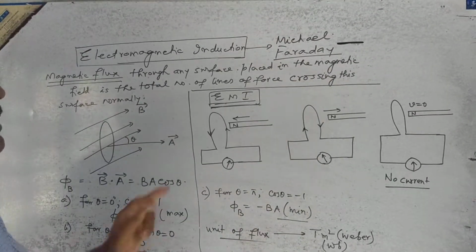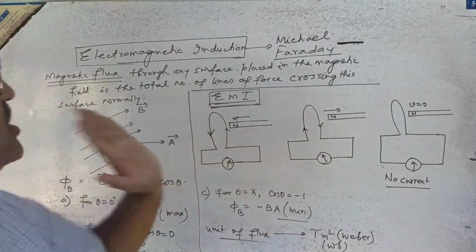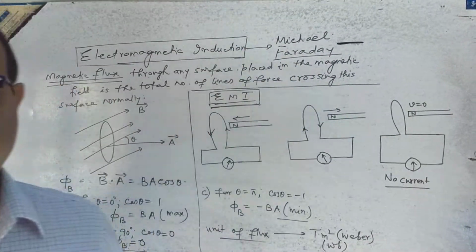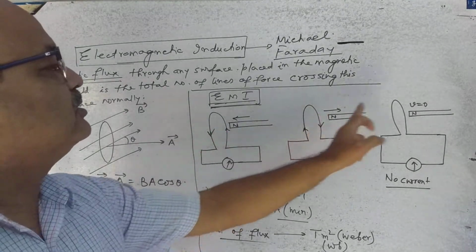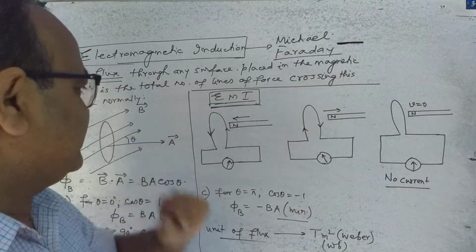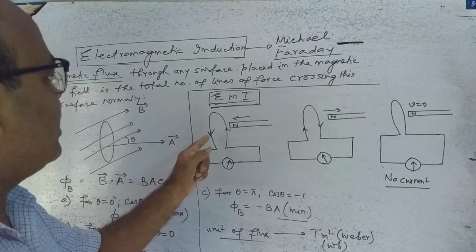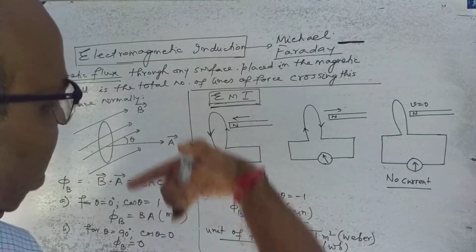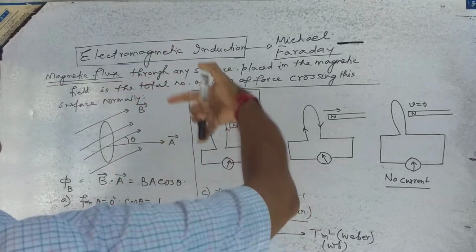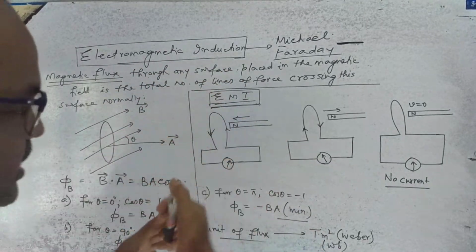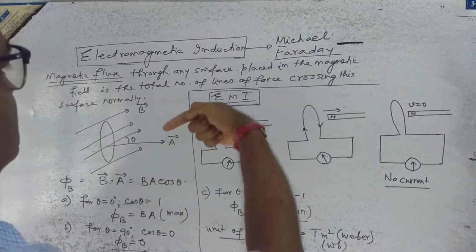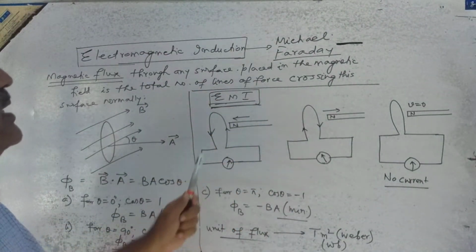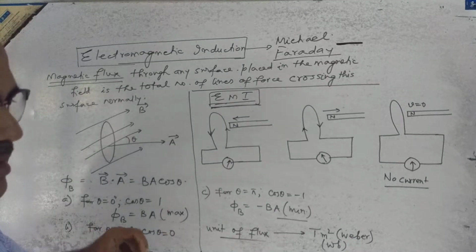Look, I have drawn here these three figures. Just focus on these three figures. There is a coil. The orientation of the coil is perpendicular to the field, perpendicular to the board, like this.